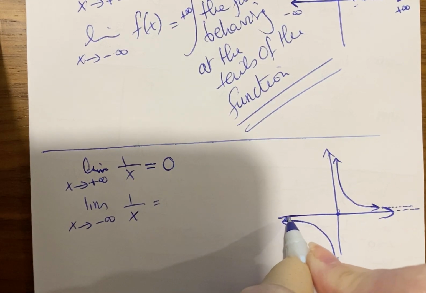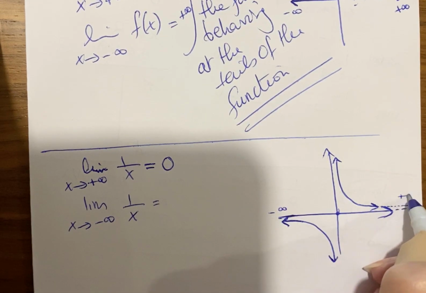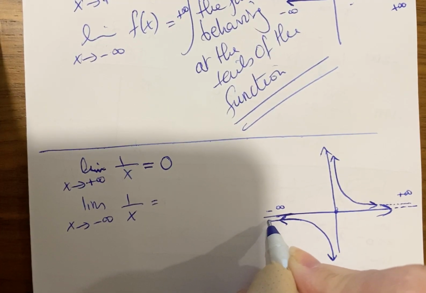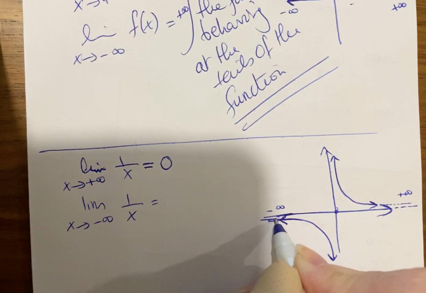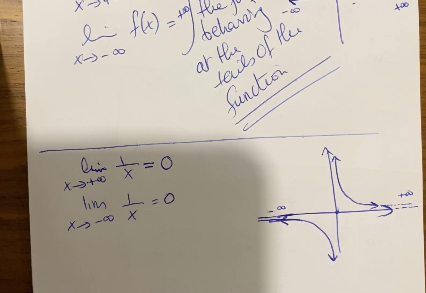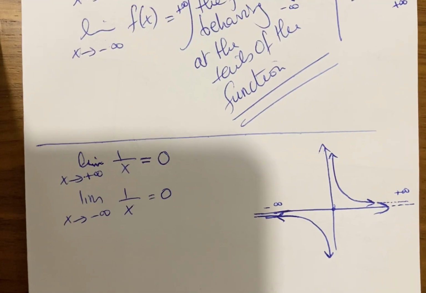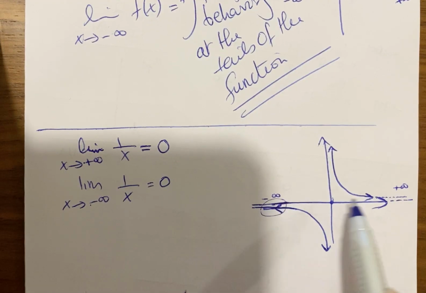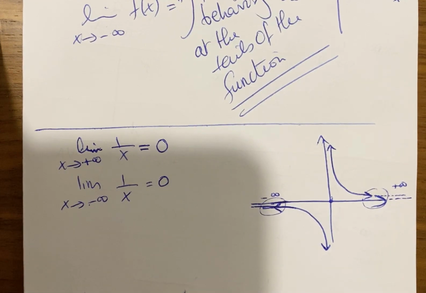Similarly, as x goes to minus infinity, what's happening to the function values? The function values are becoming smaller and smaller, which means they are approaching 0. This is called limits at infinity. They study how the function is behaving at the tails only. How is the function behaving when x becomes very, very large or when x becomes very, very small.